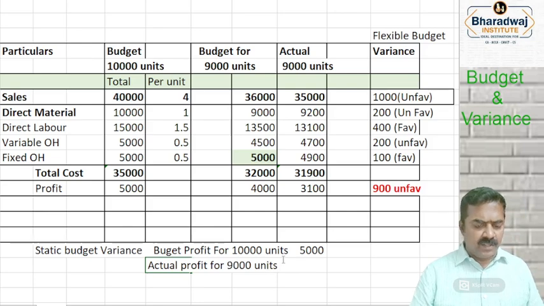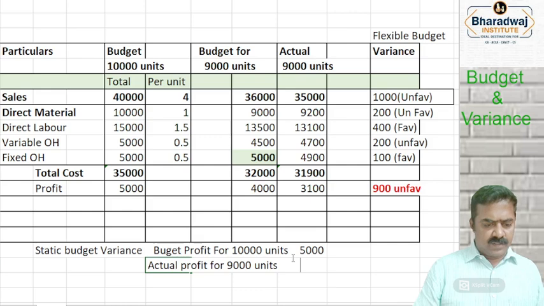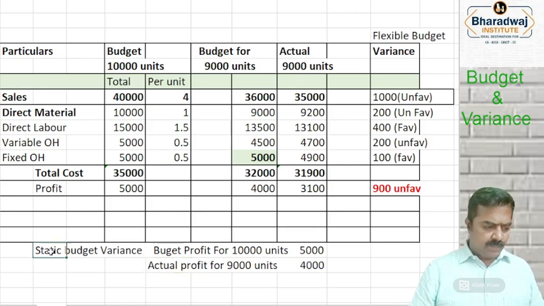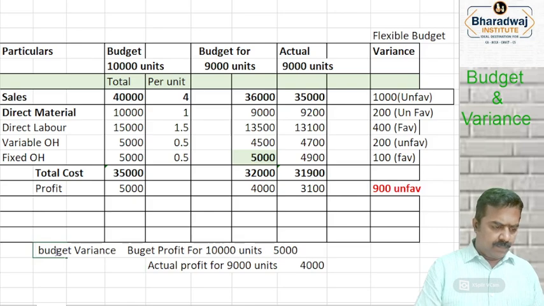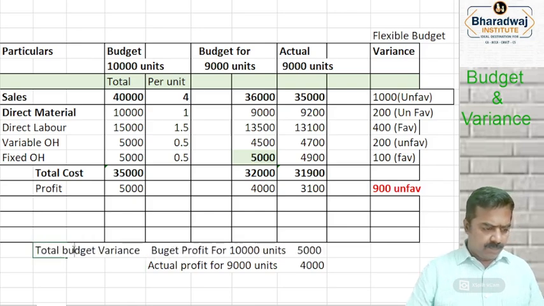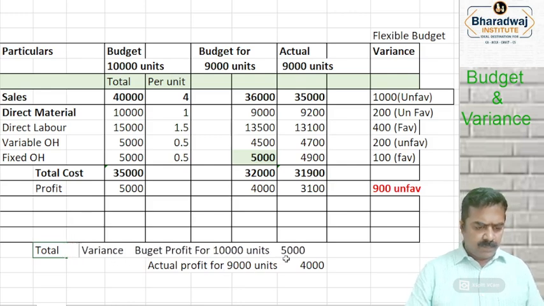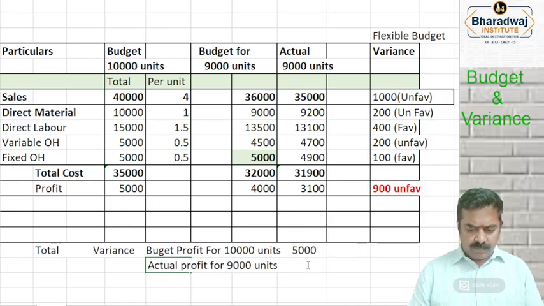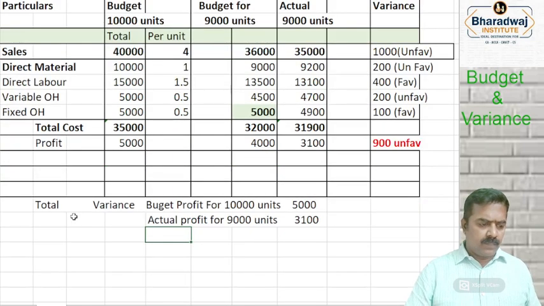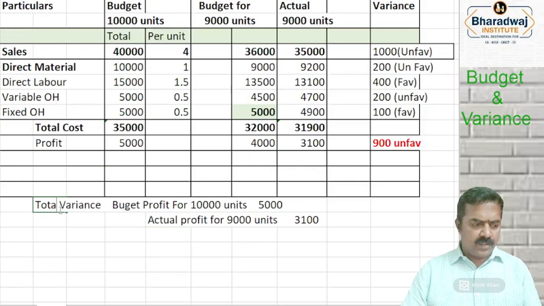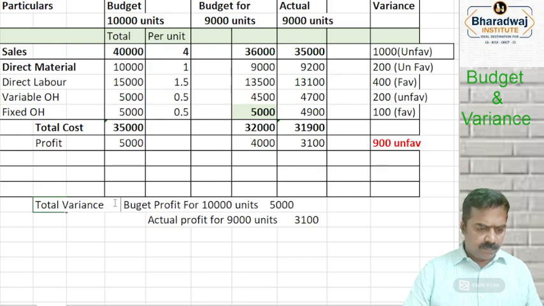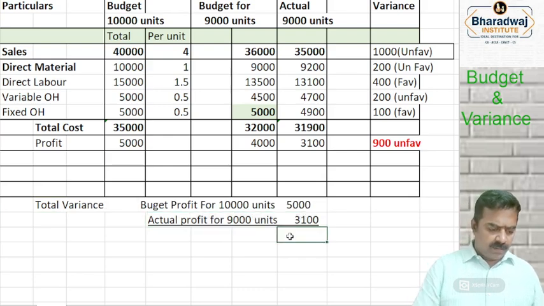This we call as total variance. What is the total variance? 1,900 is the total variance, which is unfavorable.